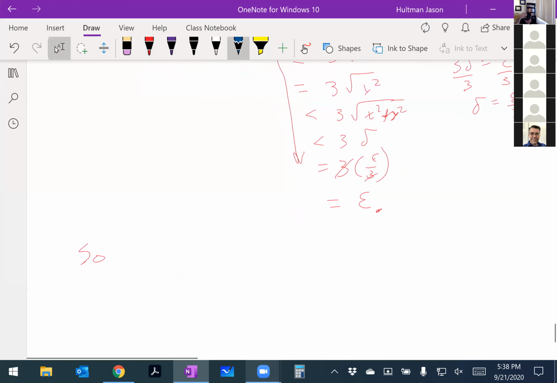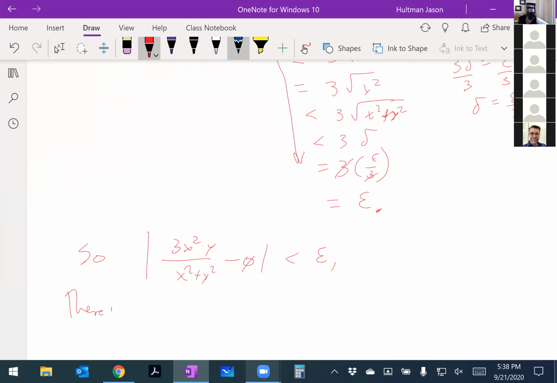So the absolute value of 3x squared y over x squared plus y squared minus 0 is less than epsilon.